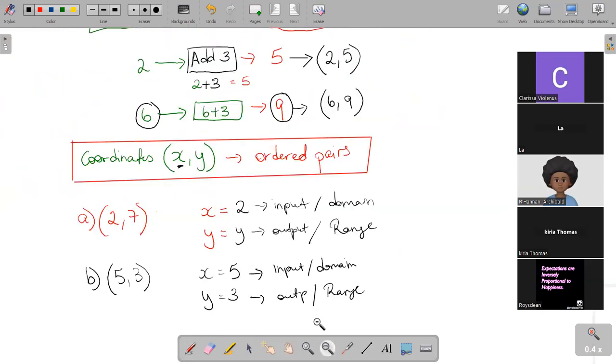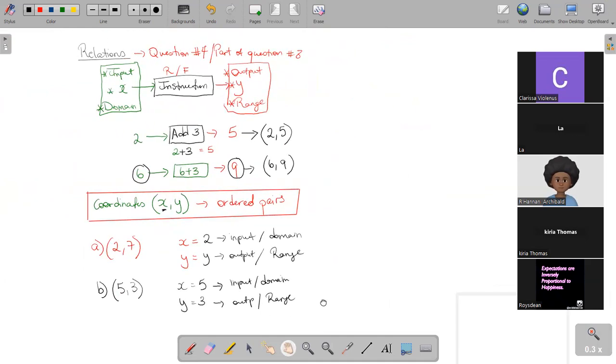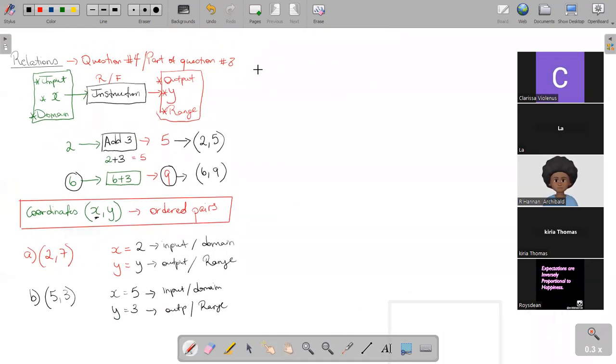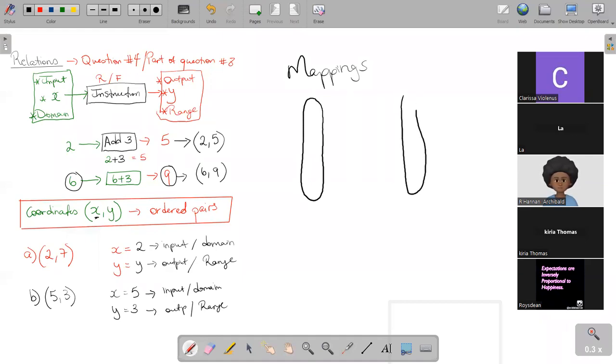All right, another thing I realized CXC started doing recently is introducing something called mappings. This is another way to represent ordered pairs. So we're going to use the example we had here with add 3. Mappings use these 2 circular things, right?